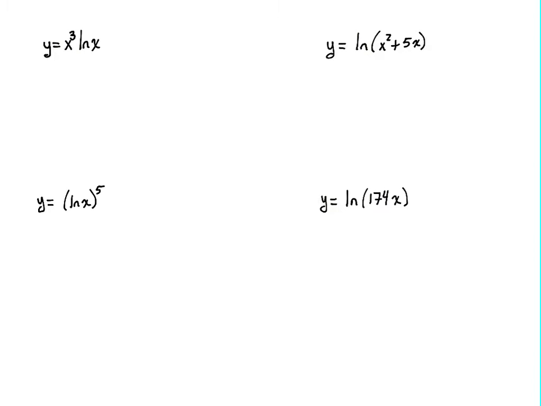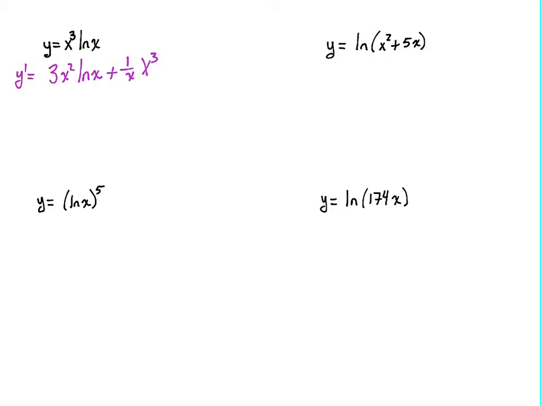We're going to work it the exact same way that we worked any other function that's a product. It's got two functions, the first function multiplied by the second function. So we're going to do the derivative of the first times the second, plus the derivative of the second times the first. So the derivative is going to be equal to 3x squared, derivative of the first, times the second, plus the derivative of the second, which is 1 over x, times the first, which is x cubed.